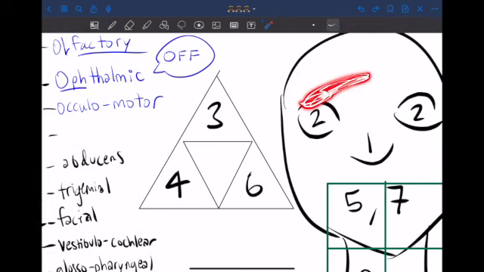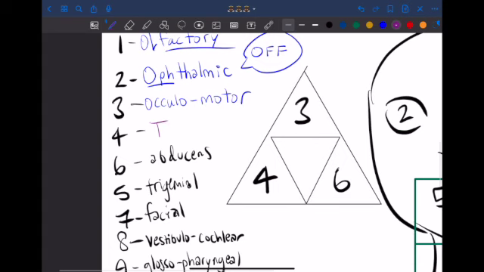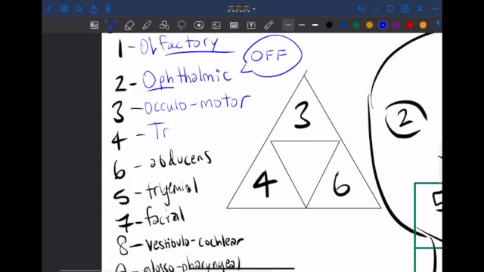I think it's the superior oblique, but oblique means diagonal, slanted, off, weird. So it's like, you're weird, so it makes sense that your name is weird too. Trochlear, it just sounds weird and off and goofy.